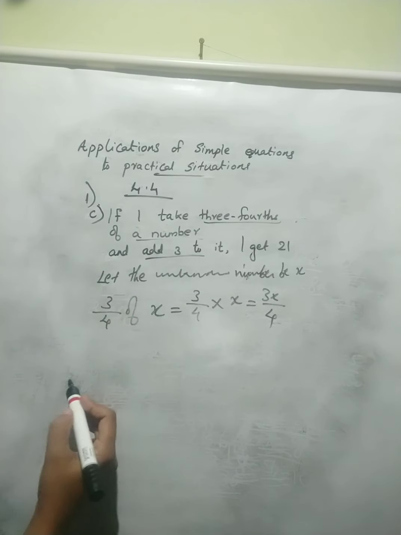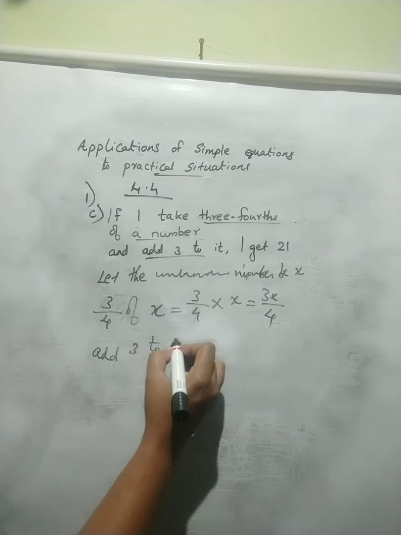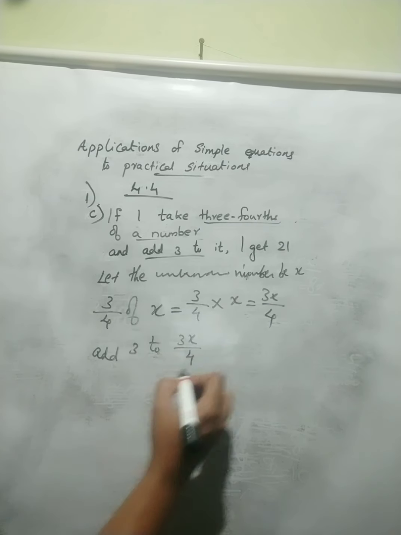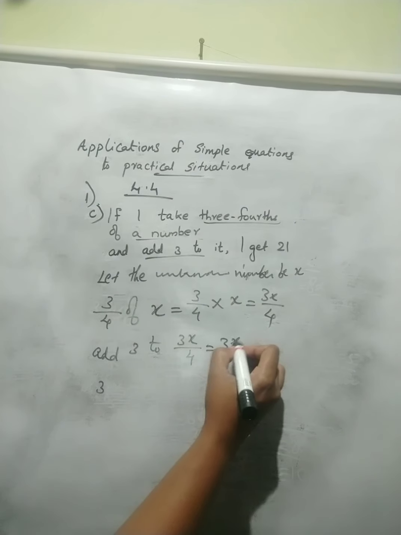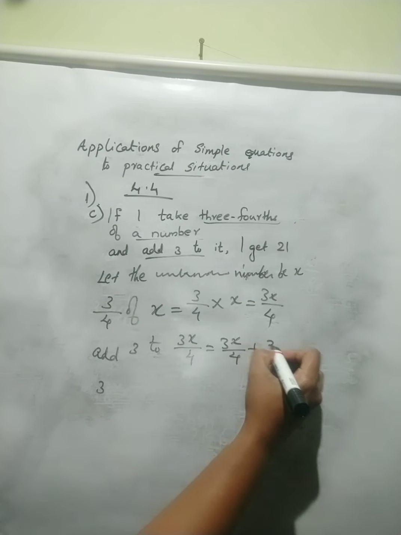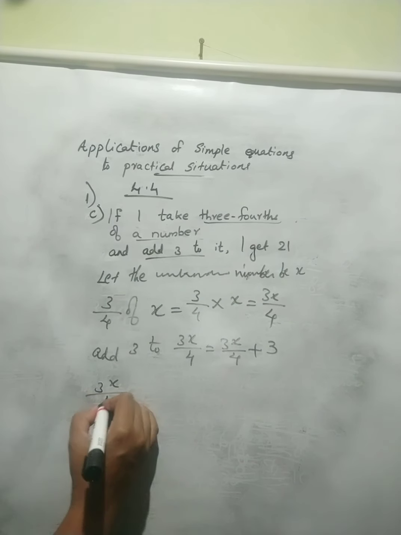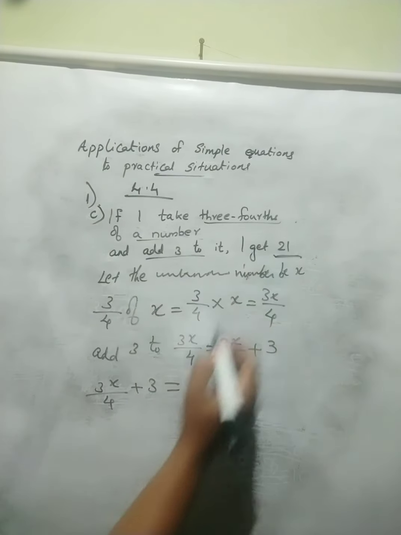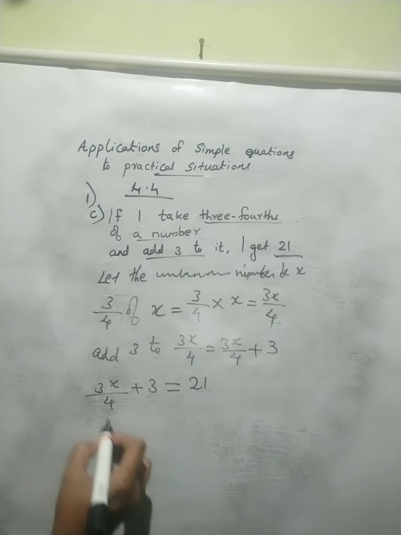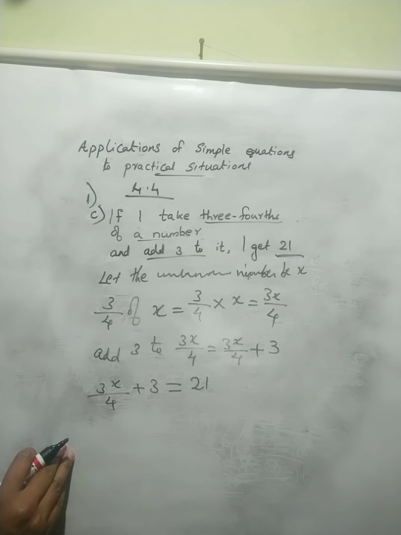Add 3 to it. That is add 3 to 3x on 4. How can we write? 3x on 4 plus 3. Then they said 3x on 4 plus 3 gives 21. We have to find x.